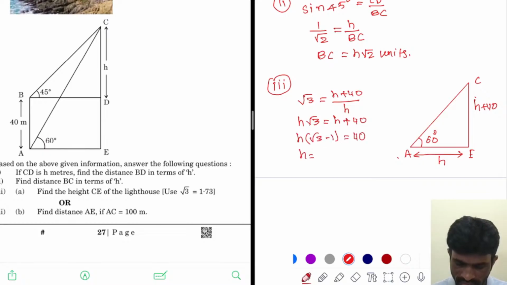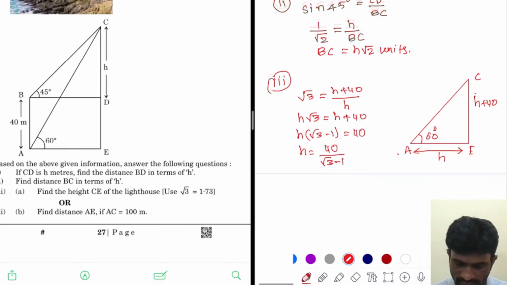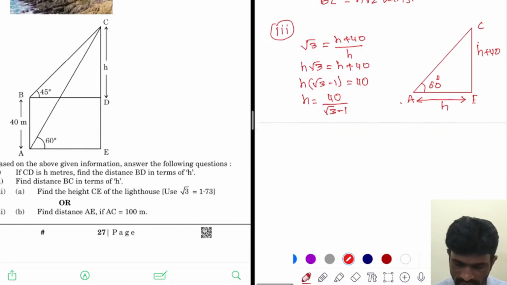So H is equal to 40 by root 3 minus 1. When you have it like this, we have to do rationalization. H is equal to 40 into root 3 plus 1 by root 3 minus 1 into root 3 plus 1, which is 2. 2 ones are 2, 2 20s are 40. So H is equal to 20 into root 3 plus 1.